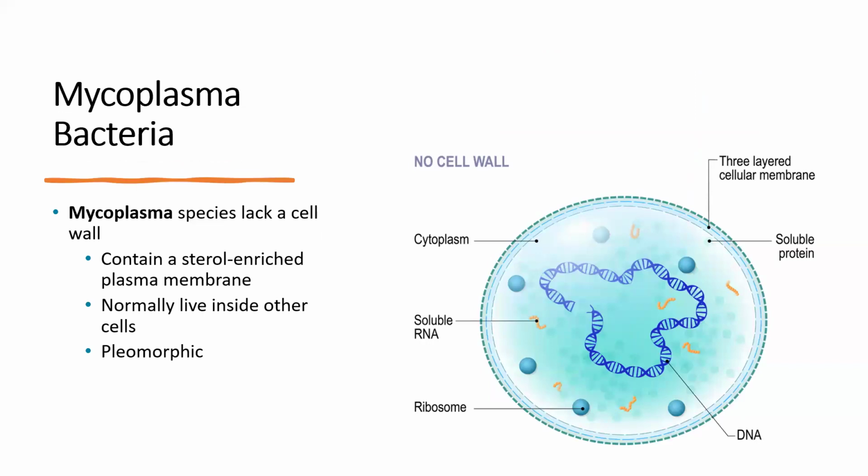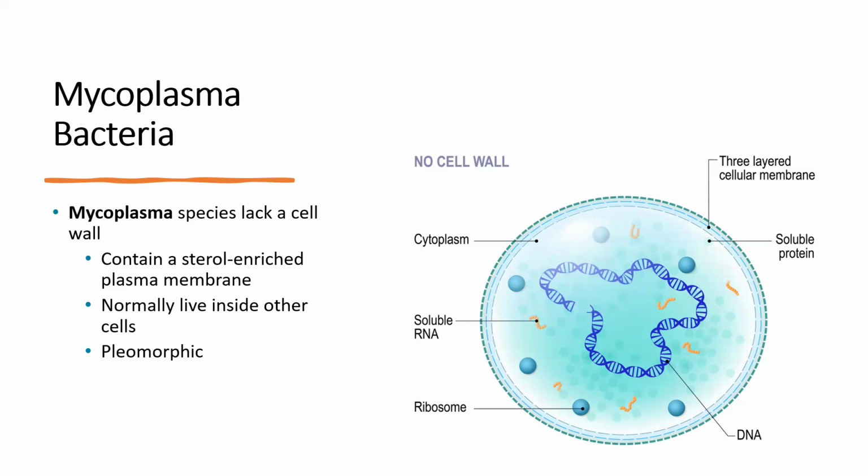Then there are the mycoplasma bacteria. These are a group of organisms that don't actually have a cell wall. Most bacteria have a cell wall; mycoplasma do not. Their membranes are sterol enriched, and they're oftentimes either obligately living inside of other cells or spending a good portion of their life cycle in other cells.